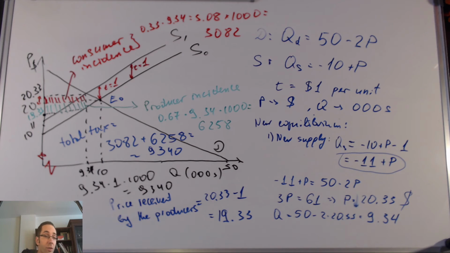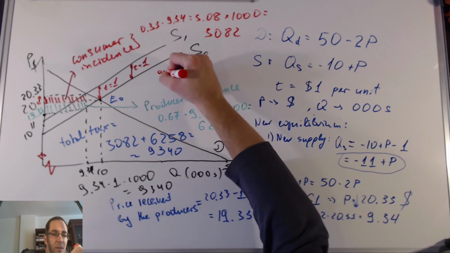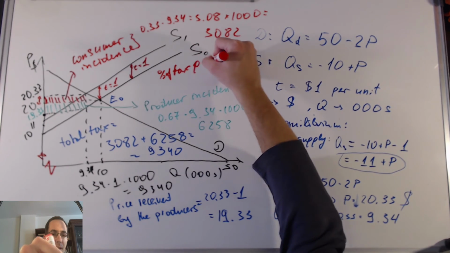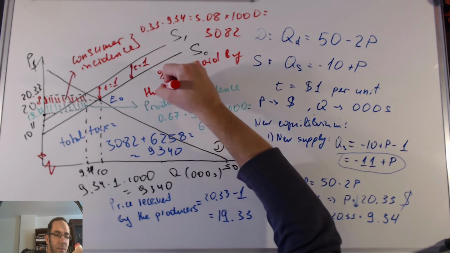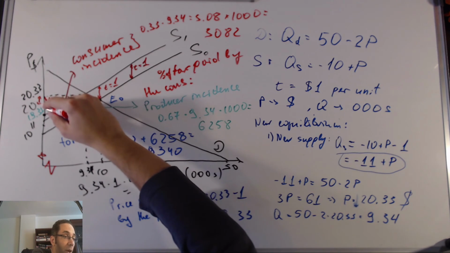Finally, sometimes we may be interested to know what percentage of the tax was paid by the consumers and what percentage of the tax was paid by the producers. And we can do this again with simple math. The percentage of tax paid by the consumers would be, the easiest way to do this would be to see how much the price increased.